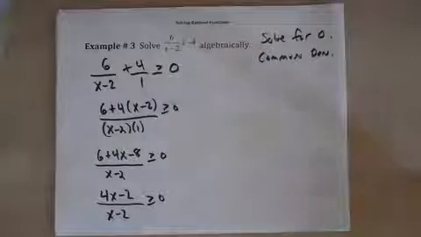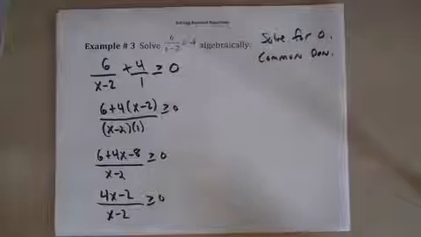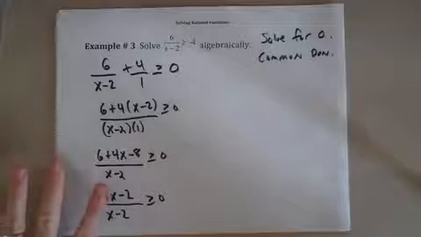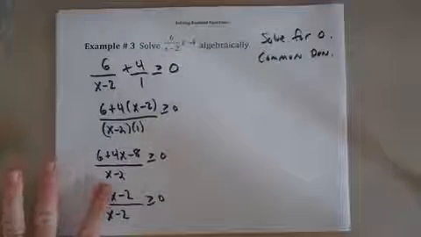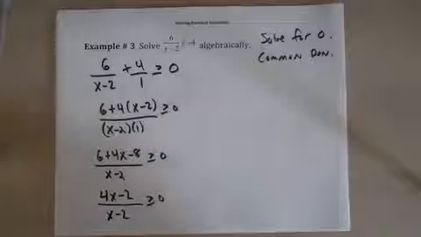Okay. We have 4x minus 2 divided by x minus 2. I know everyone sees this, but I'm just going to point this out real quick. I know people are not going to be like, wow, look at that, x minus 2 over x minus 2. Let me cancel that real quick and get 4. And 4 is greater than 0.